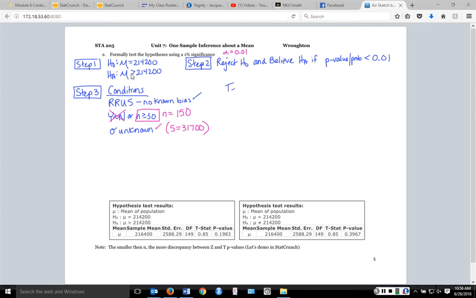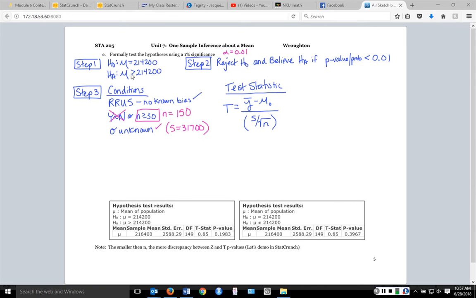All right, then we can do our test statistic. And first, I'm again just going to write out the formula before we plug the numbers in. And then let's make sure we know what numbers we're going to plug in where.